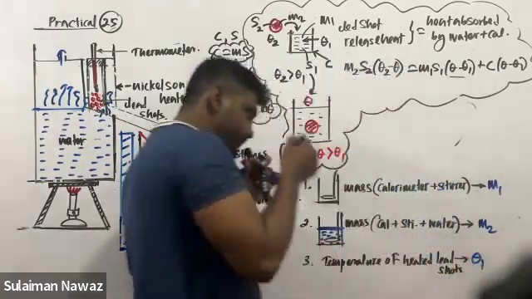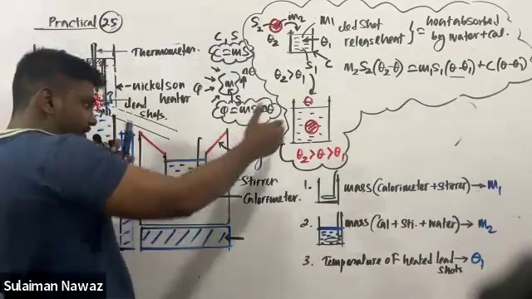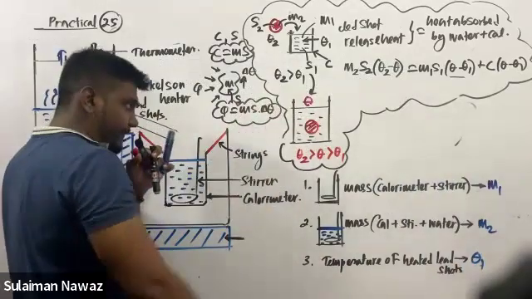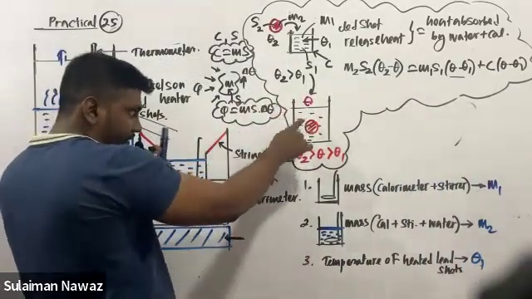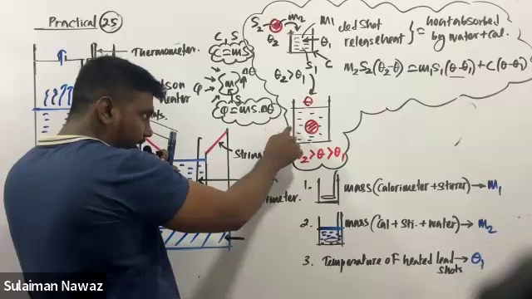Then what is my theta 2? My theta 2 will be the initial temperature of the water, if not the initial temperature of the calorimeter. Understand, water is in contact with the calorimeter.